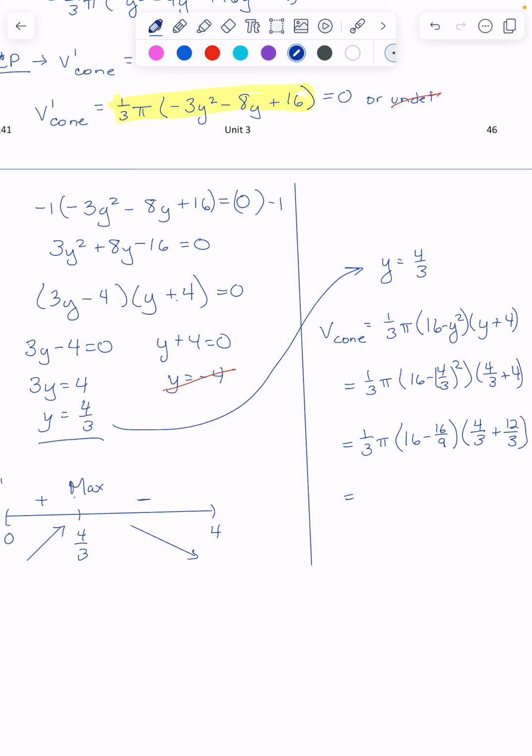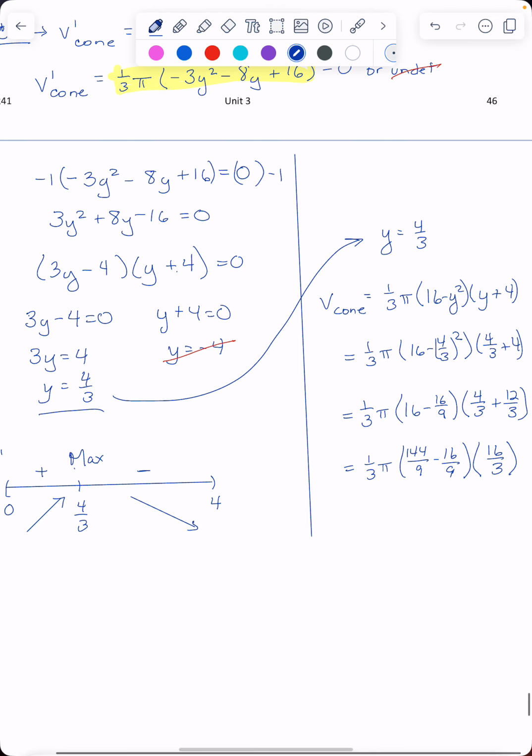Here I'm going to put my 16 into 9ths, so I'm going to have 1/3 pi. If I multiply 16 by 9/9, what I'm going to get is 144/9 minus 16/9. That's ugly. If I put these two together, I'm going to get a 16/3 over here, right? All right, let's do one more line.